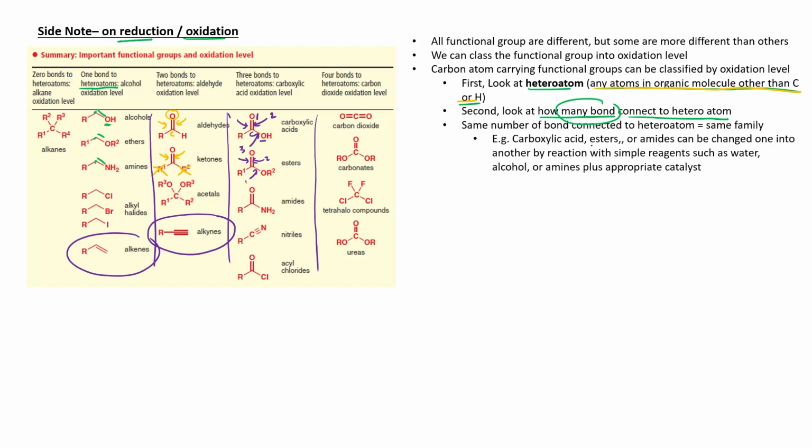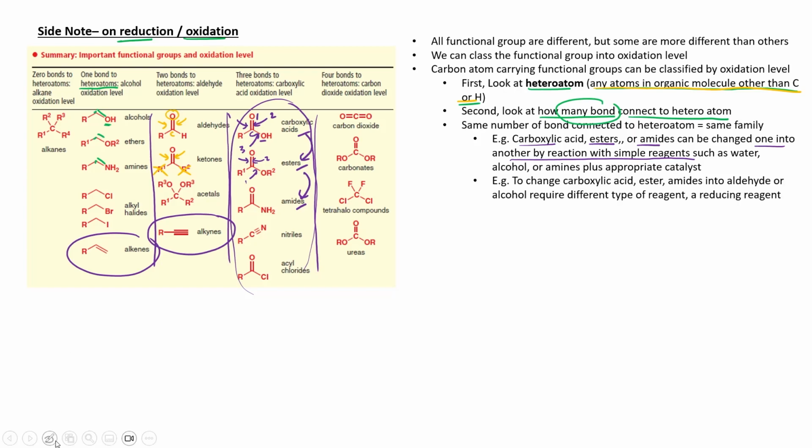The carboxylic acid, ester, and amide can be changed into one another by reaction with a simple reagent. They are all in the same family, so they can be interconverted with simple reagents. For example, you can convert carboxylic acid to ester, ester to amide, using simple reagents such as water, alcohol, amine.